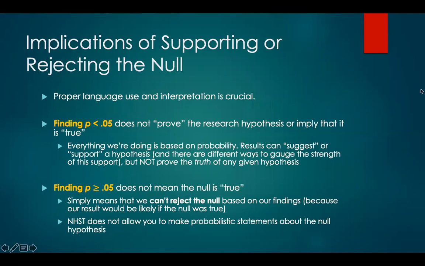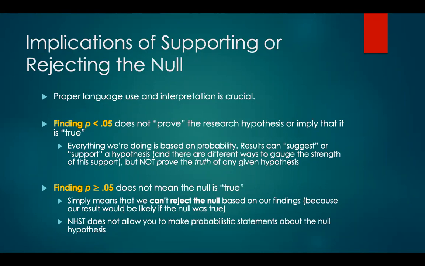Now, proper language use and interpretation is crucial. So finding a p less than 0.05 does not prove the research hypothesis or imply that it is true. Everything we're doing is based on probability. So results can suggest or support a hypothesis, and there are different ways to gauge the strength of the support, but not prove the truth of any given hypothesis.